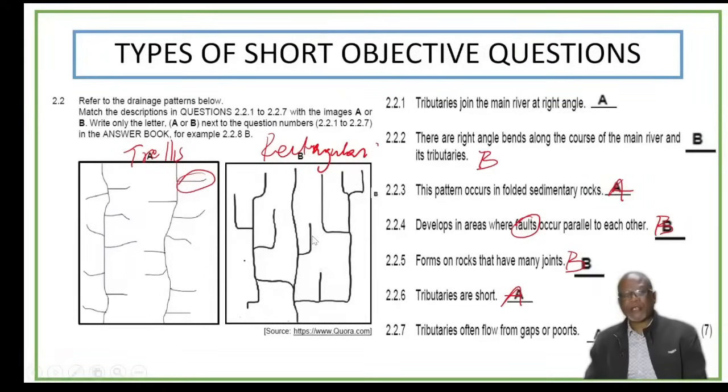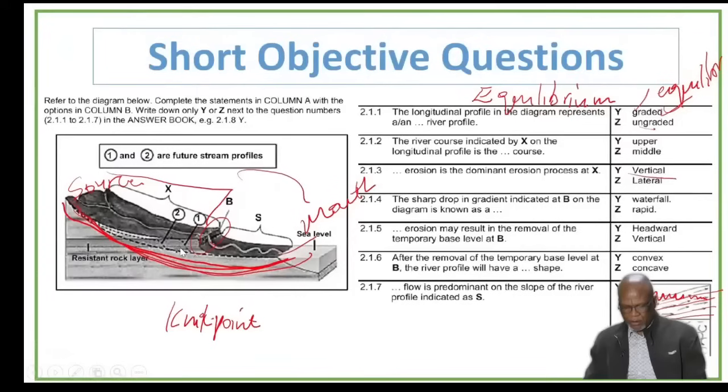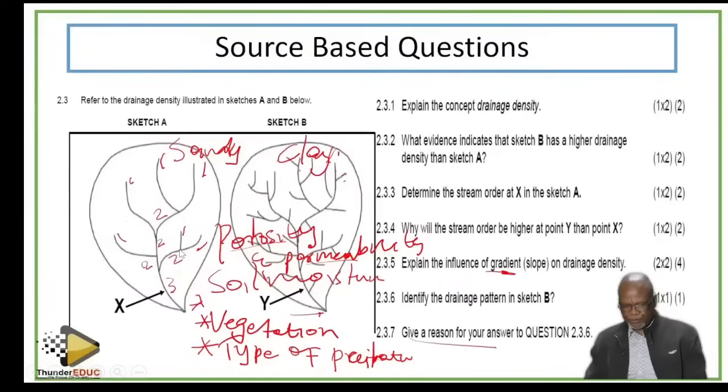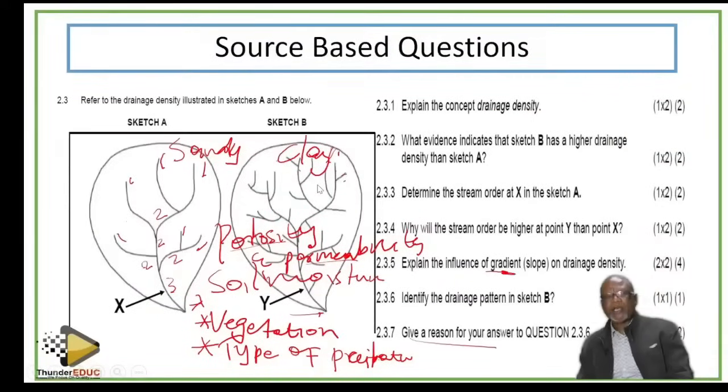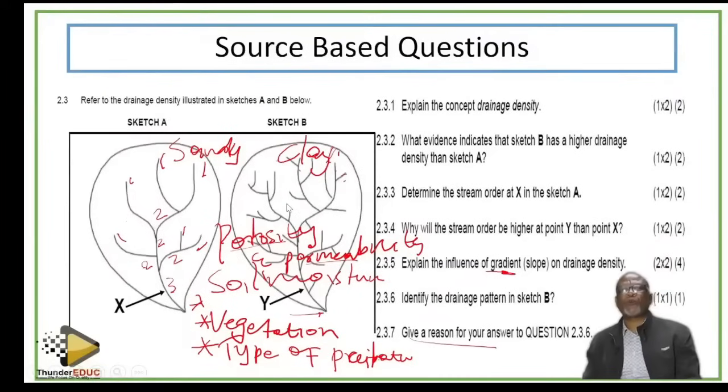Here, for this pattern, we have jointed igneous rock, or igneous rock with faults or cracks. Here is folded mountains. But with this one, we say it is a surface with a uniform resistance to erosion.